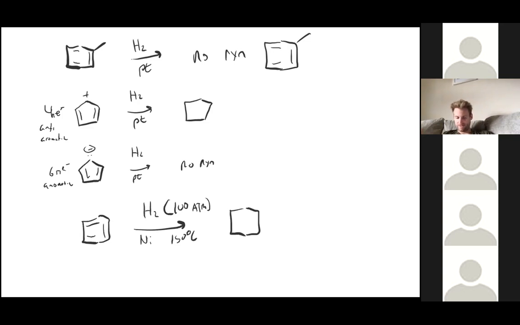Your book talks about it like it's a normal reaction. You have 100 atmospheres of pressure and 150 degrees Celsius. This is a massive bomb. This is not a reaction you actually want to do. This would most likely kill you.